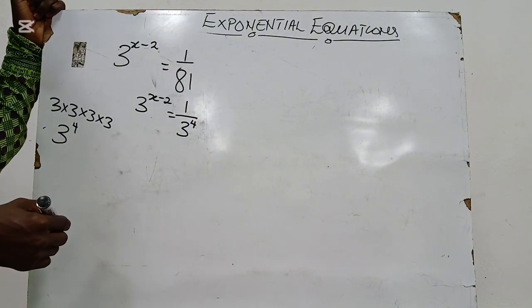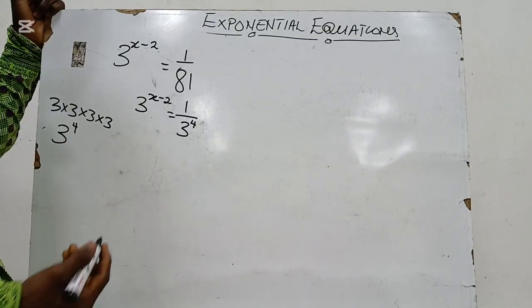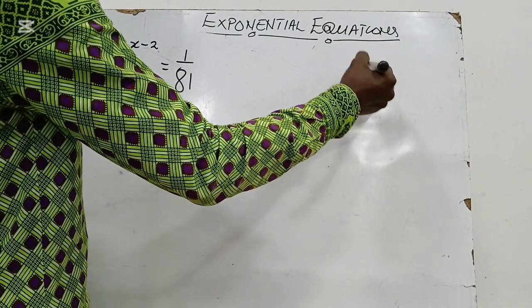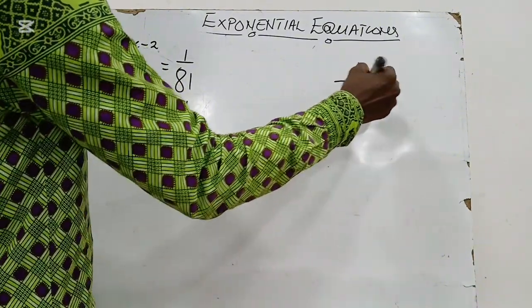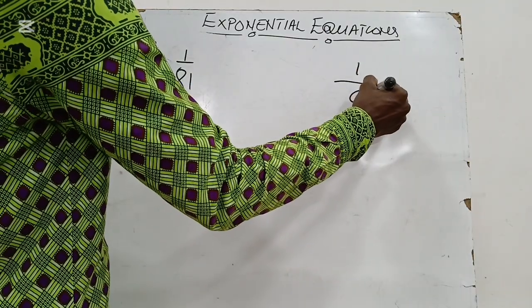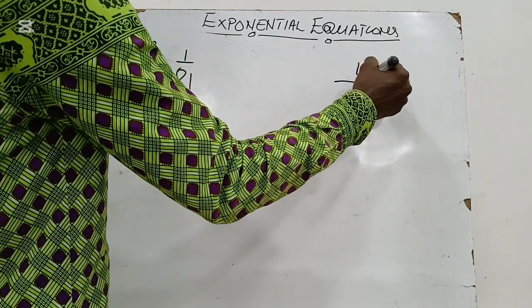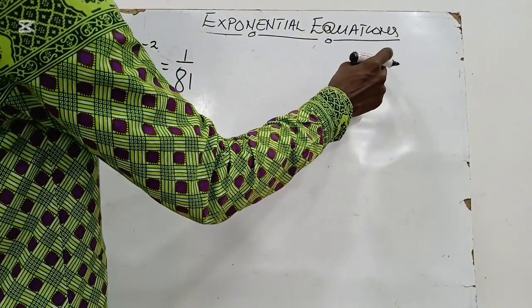Are we following? Great. Now, according to the laws of indices, there is a law which says that if we have 1 over a exponent n, and we bring it to the top, this positive exponent becomes negative. And if it was negative, it becomes positive if we bring it to the top.